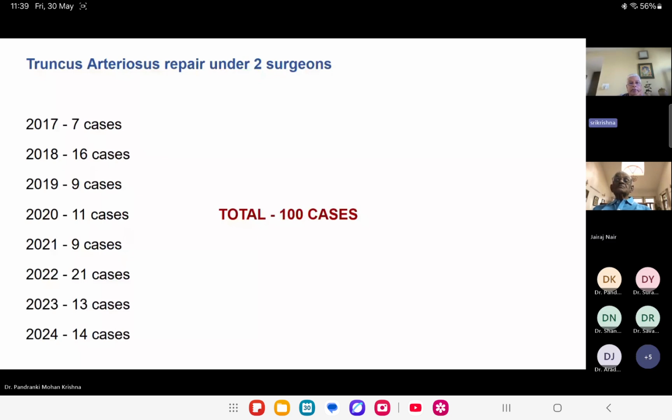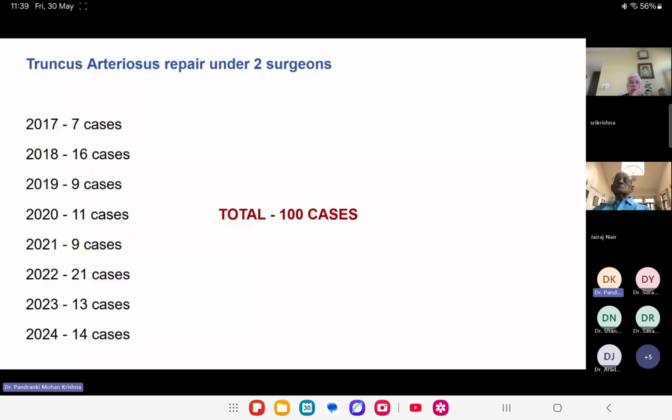Yeah, 100 cases. So this is from 2017 to 2024. This is only of 2 surgeons because they have been there for all these years. The rest of the surgeons have not been calculated. On an average, around 10 to 15 cases happen every year, and mostly everything combined is 100 cases.